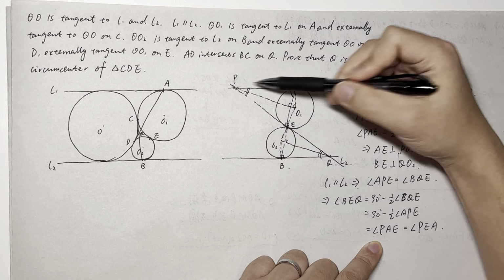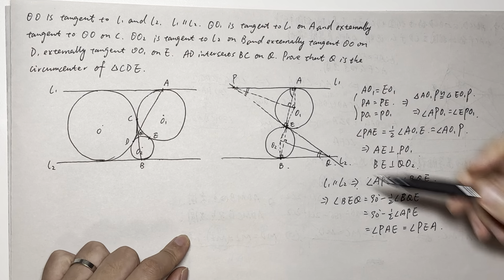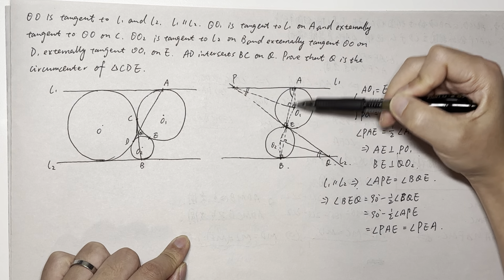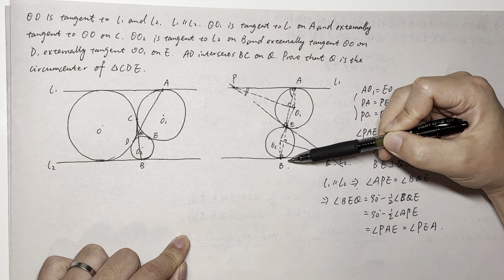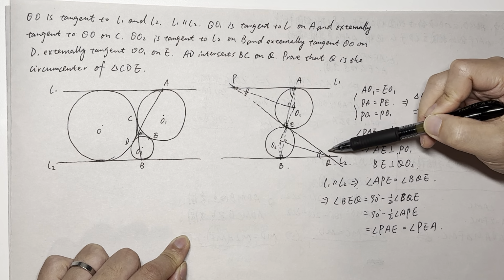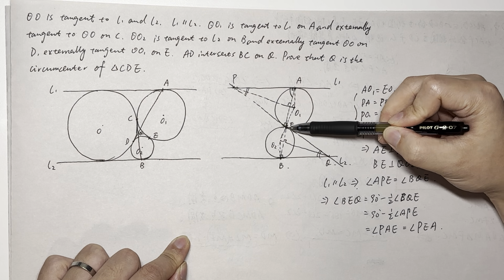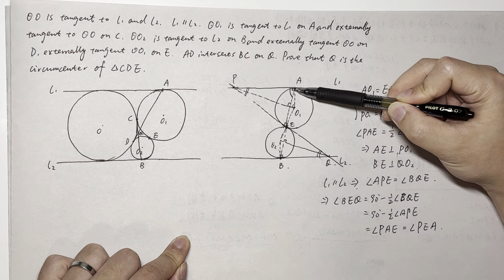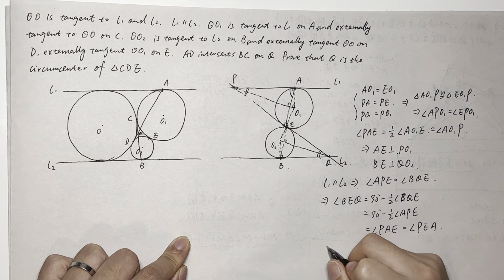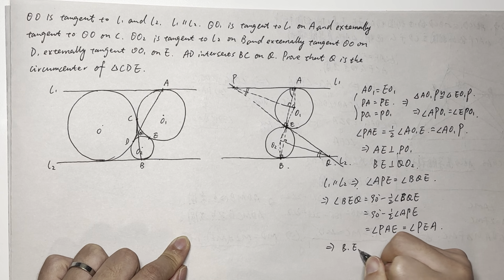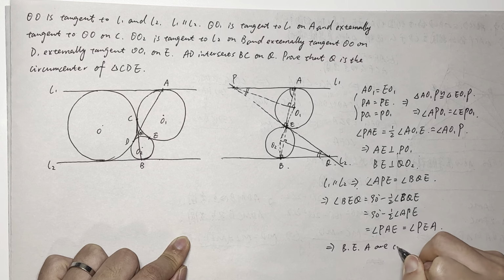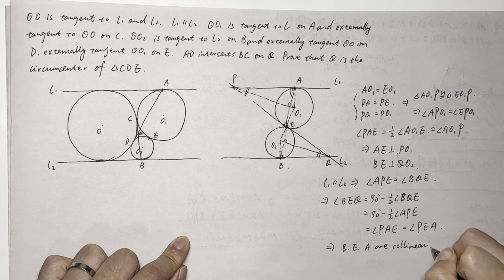So PAE equals PEA, and PEA equals angle BEQ. So we know that B, E, A are collinear.